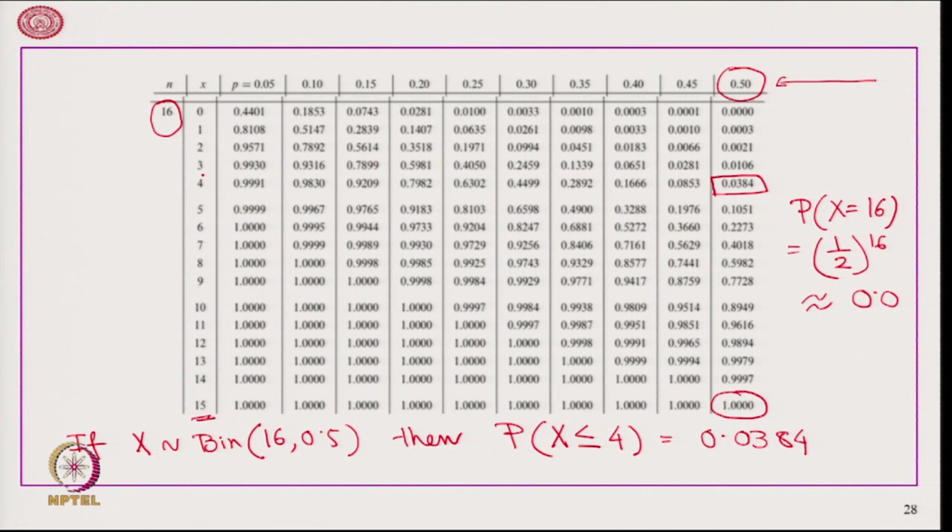What is going to be the cumulative probability for that one? That will be a good exercise, and that will tell you how one has computed such large tables for different n and different x for different values of p. Okay. So, let us go back to our test.